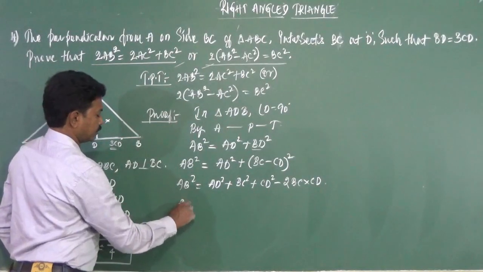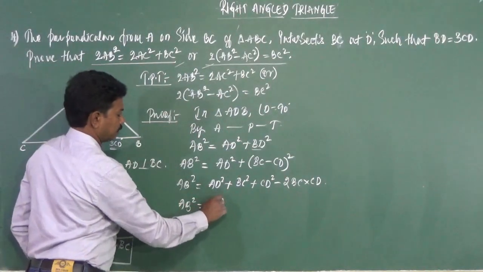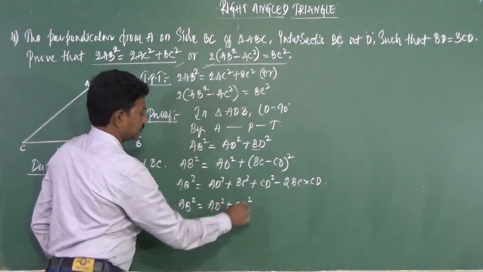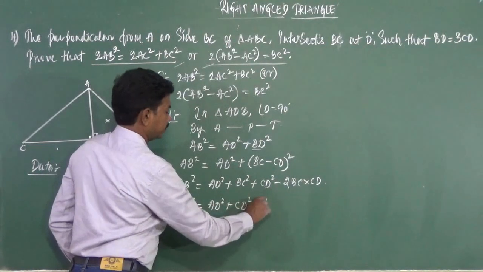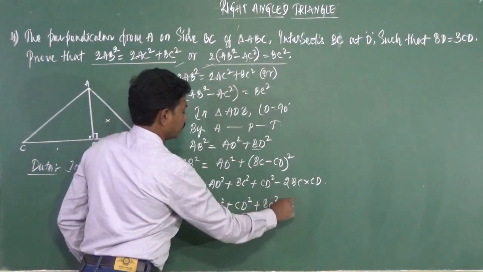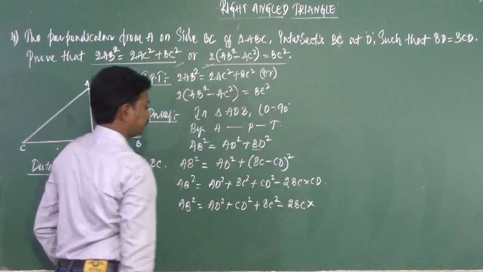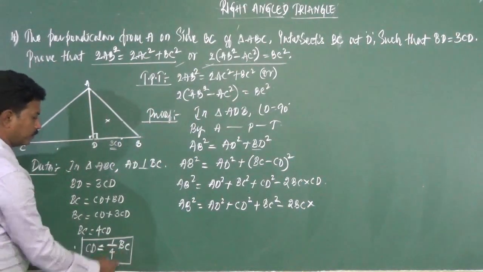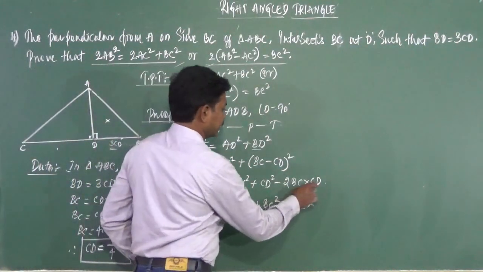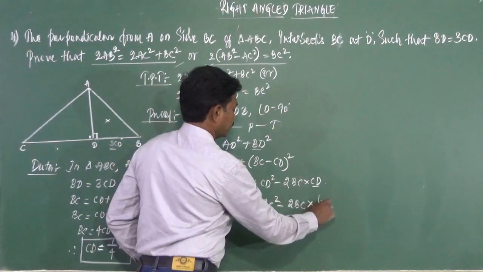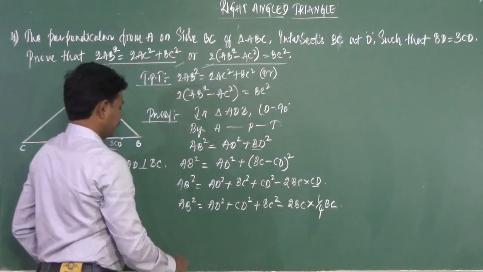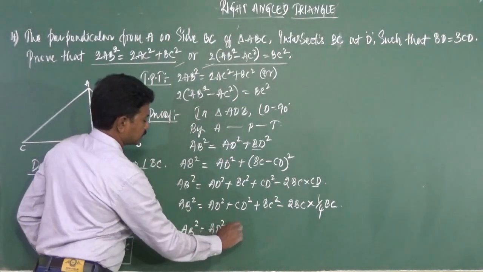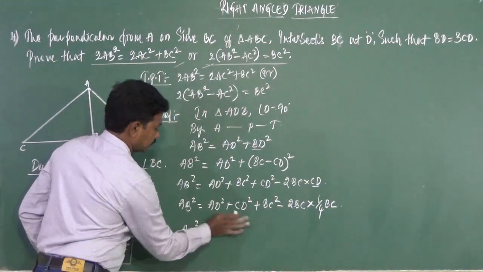So AB square is equal to AD square plus, we'll keep the CD square beside AD square, so it becomes CD square plus BC square minus 2BC into, the CD can be written as 1 by 4 BC. So instead of CD I am going to write 1 by 4 BC.